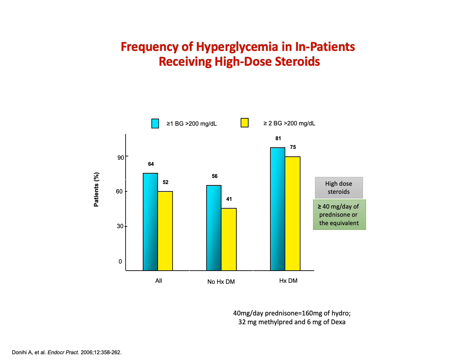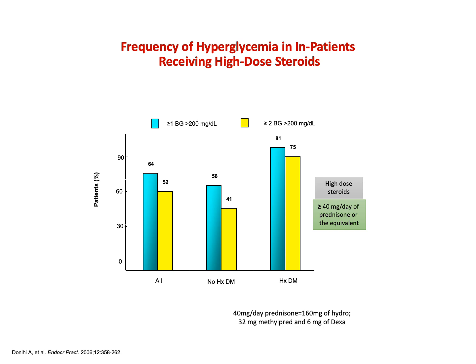As far as the prevalence and predictors of corticosteroid-related hyperglycemia in hospital patients, we can see that in patients receiving high-dose steroids, the frequency, for both patients without diabetes and with diabetes, is significantly increased. So what is the definition of high-dose steroids?